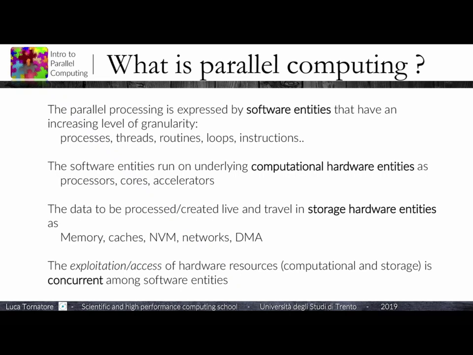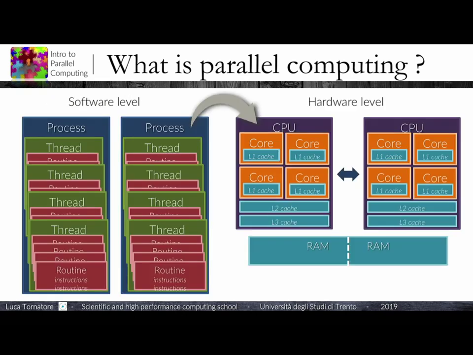They travel in the networks and you access them, for instance, by message passing or direct memory access. It depends on the architecture that you have underneath. And the exploitation of the hardware resources is concurrent among the software entities. So, a kind of complicated environment.